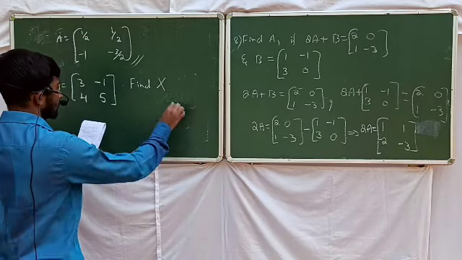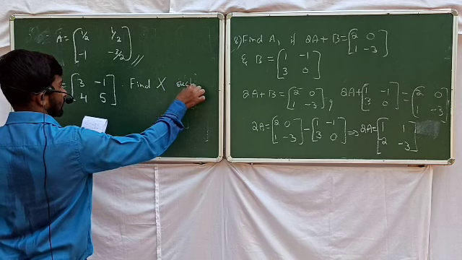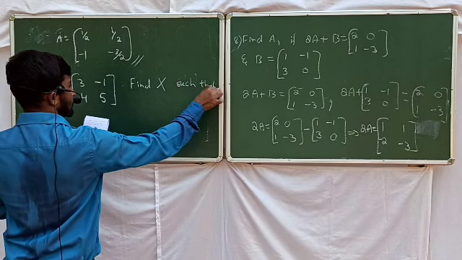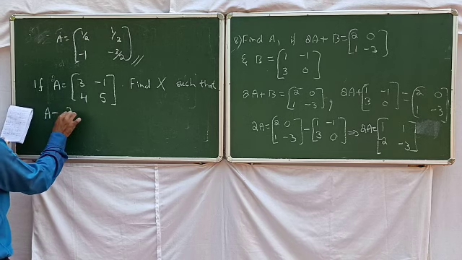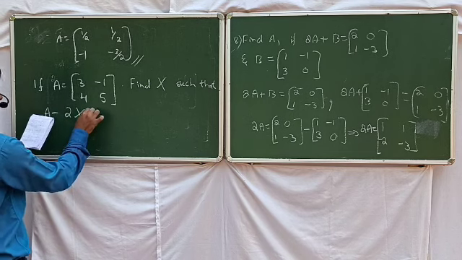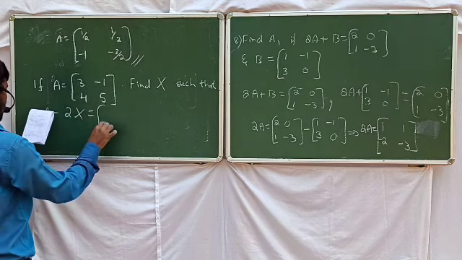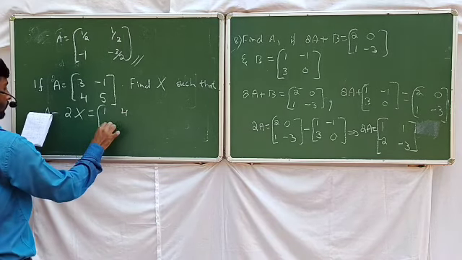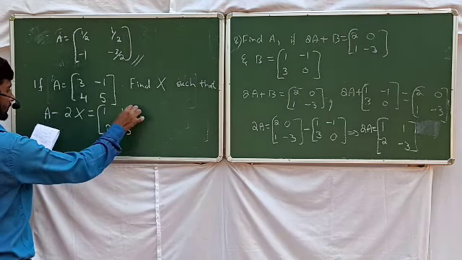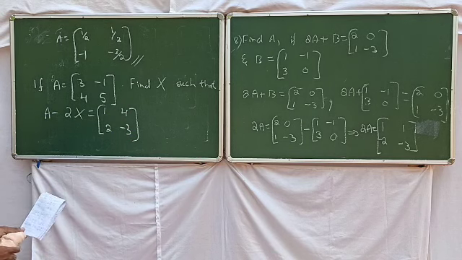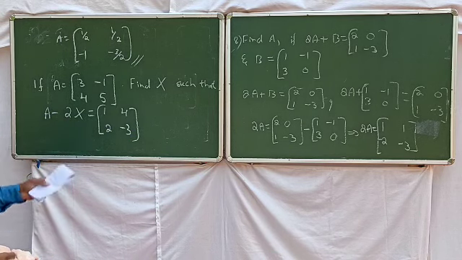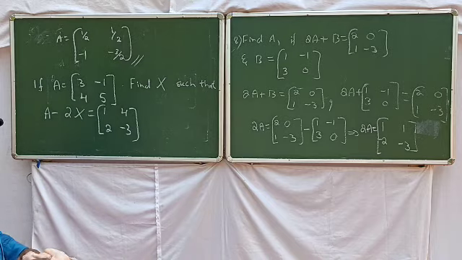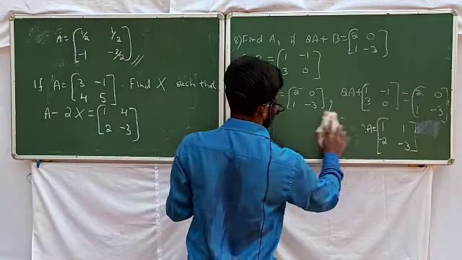Find matrix x such that A minus 2x is equal to 1, 4, 2, minus 3. So similar to previous question. Instead of A being asked, here x is asked. Okay, A value is given. Just substitute.